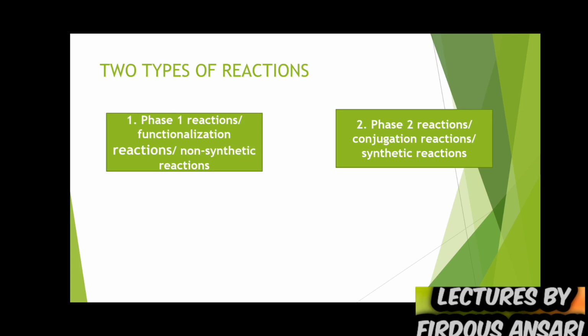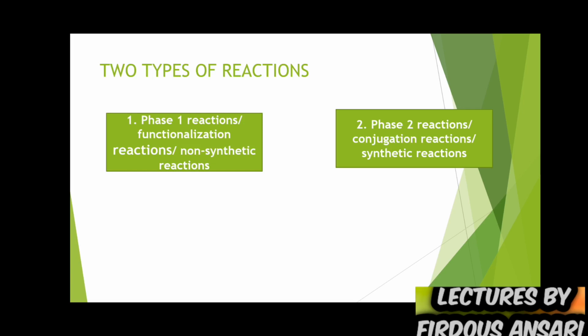And whatever conjugate we get, that substance is highly hydrophilic, so we are synthesizing a highly hydrophilic substance. Therefore it is also known as a synthetic reaction. So these are the two types of metabolizing reactions, phase 1 reaction and phase 2 reaction.